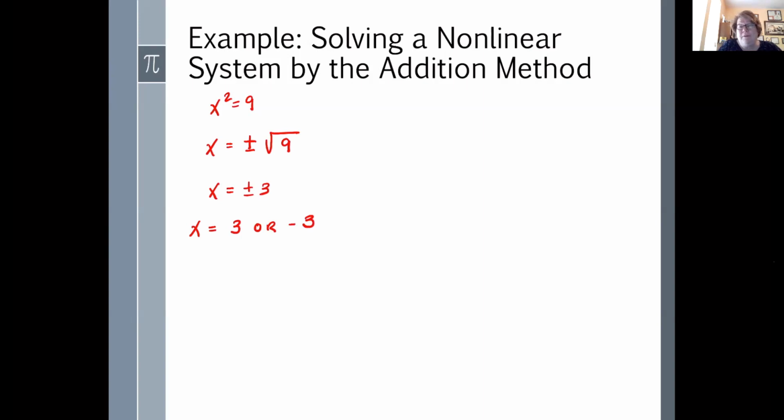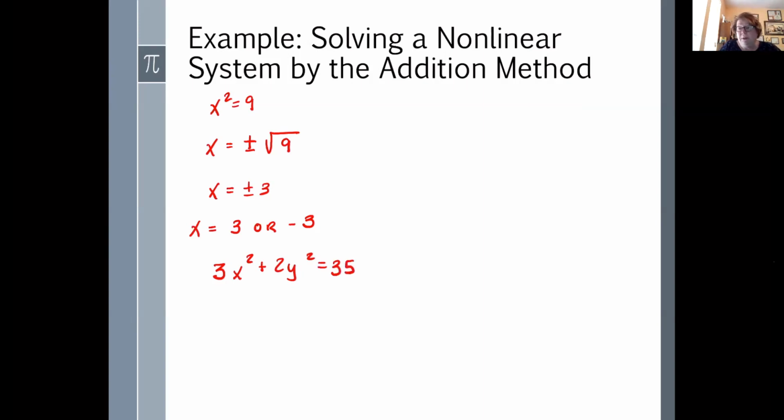Now I need to find y for those two x's. I'm going to pick one of the equations, plug in x, and solve for y. I chose the first equation because it was first. So I have 3x squared plus 2y squared equals 35. That's my first equation.